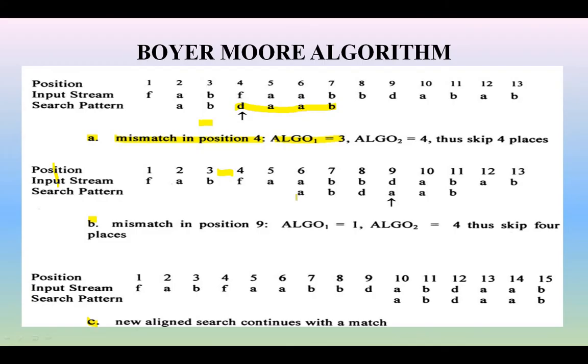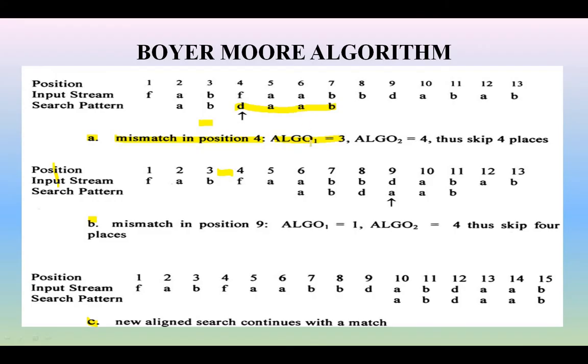Now what is algo 3? Algo 3 is nothing but, in the next step, compared to the previous step, how many places you skipped from right to left. You started at the second position, the mismatch occurs at the fourth position, and again you started at the sixth position. So from the mismatch, how many positions are you moving? 3 positions.